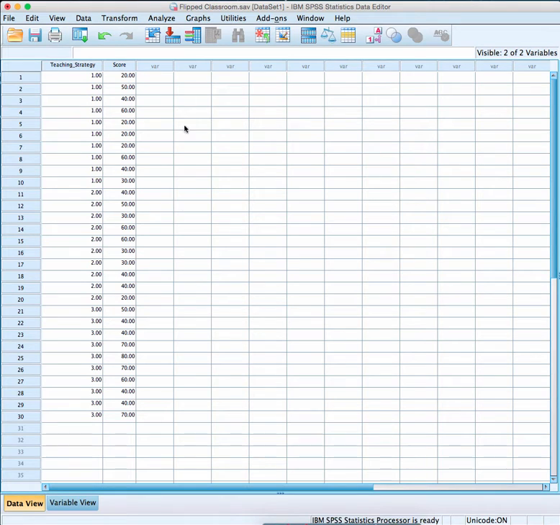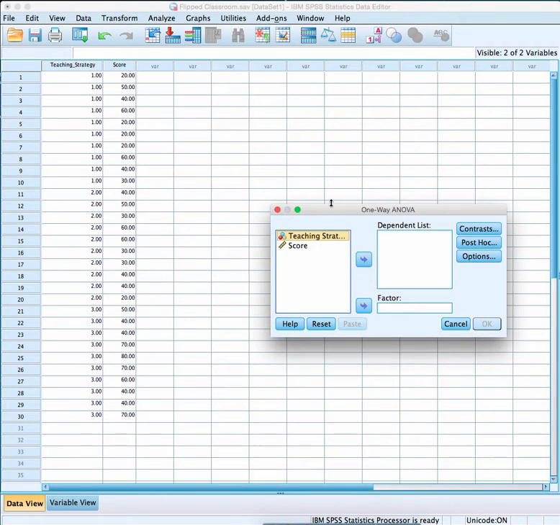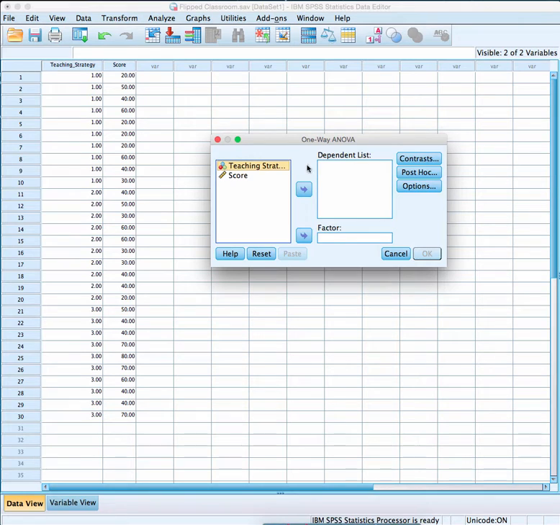So what we can do is we can go to Analyze, Compare Means, and then we'll go to one-way ANOVA. And in this case, our dependent variable is the measurement variable, so that's score. And then our teaching strategy is the factor or the independent variable.